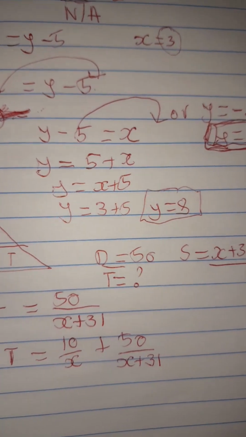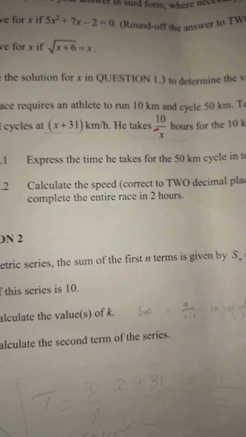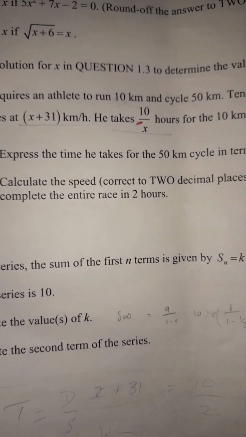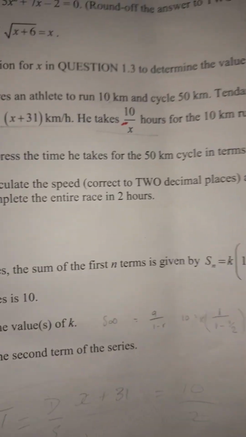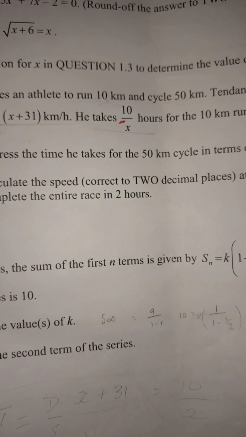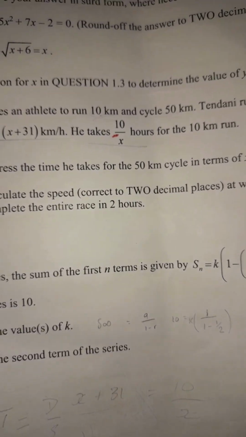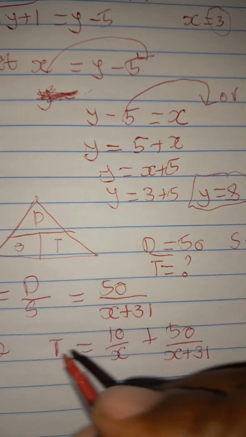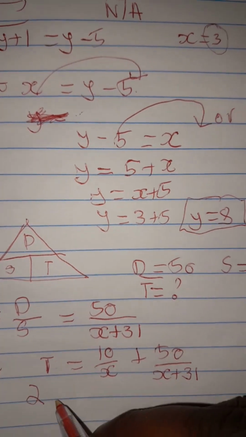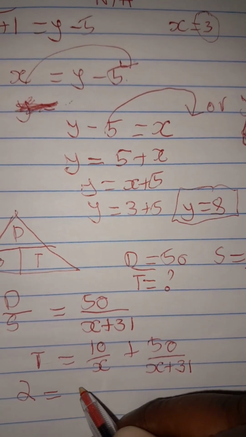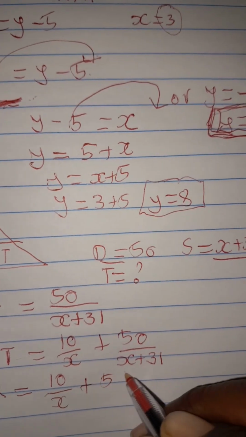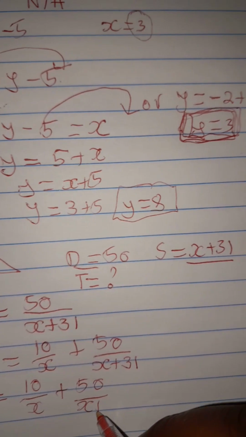We were told to calculate the speed at which he must run to complete the entire race, so we need to sum up both times. The race in hours is 2 hours, so that's t. We put 2 here, because in hours it's given as 2. So it's going to be 10 over x plus 50 divided by x plus 31 equals 2.